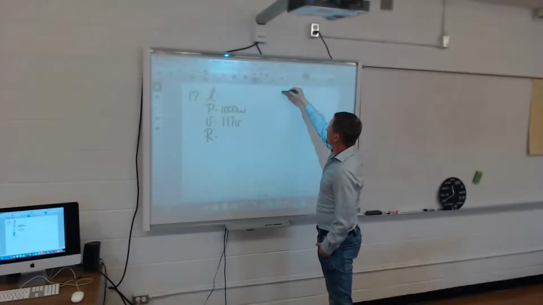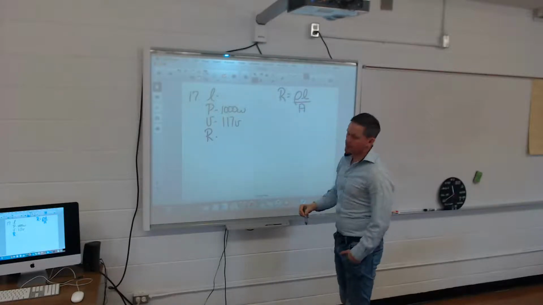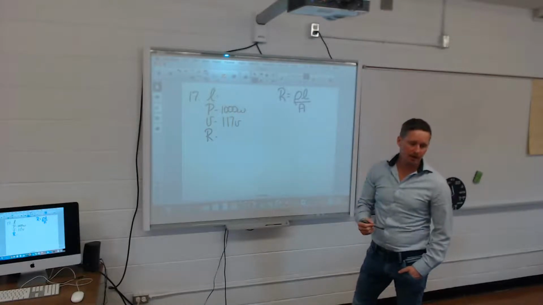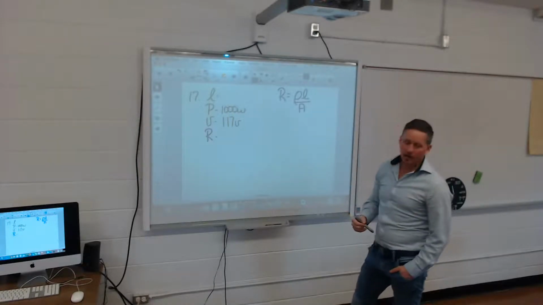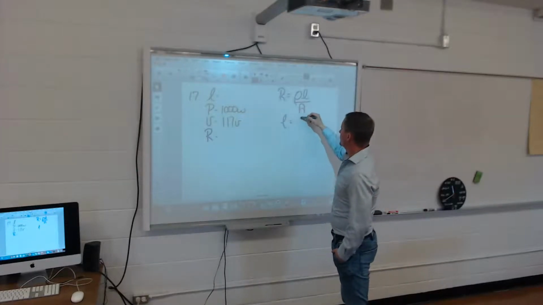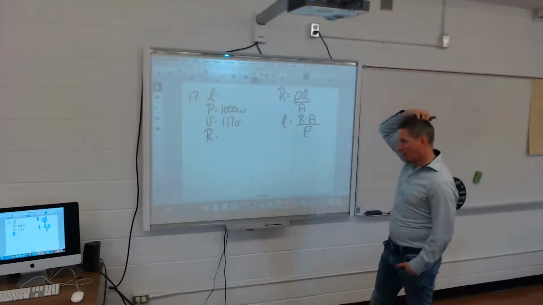So resistance is equal to my rho constant, which again is from the back of the book, times L over A. So to get my L, that's my resistance times my cross-sectional area over my rho constant.